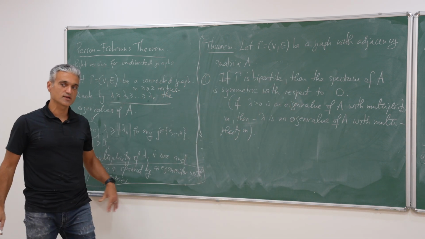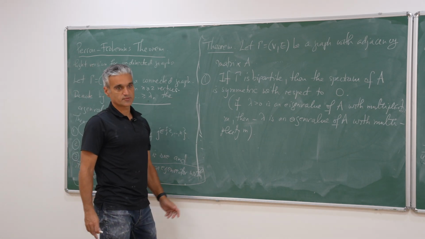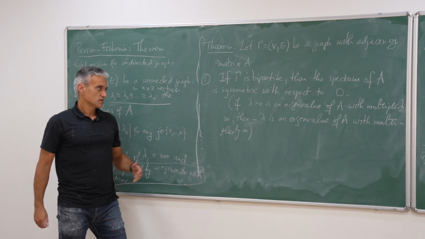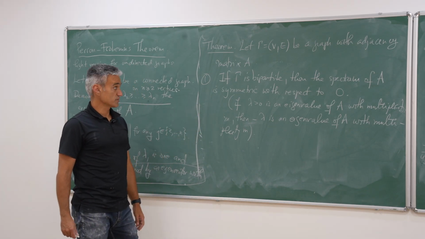As you know from linear algebra, there's geometric multiplicity and algebraic multiplicity. Here, because everything is symmetric, they are the same. So that's what I mean by the spectrum being symmetric with respect to 0.